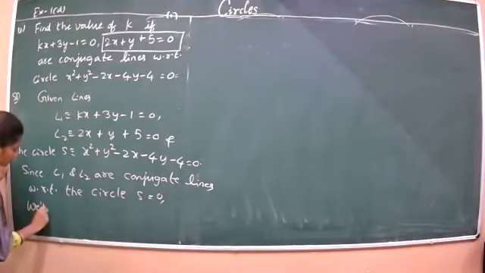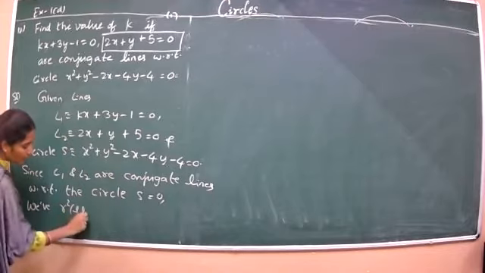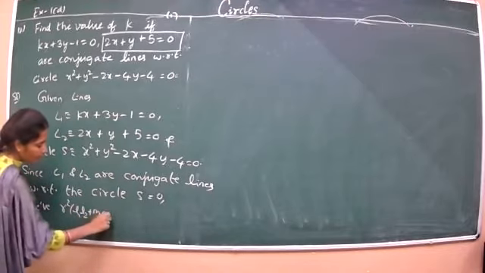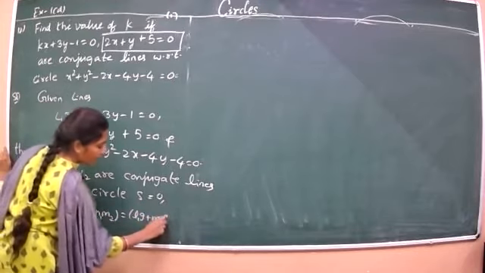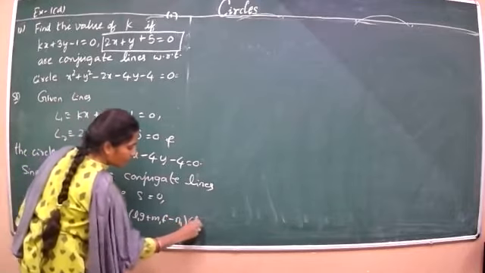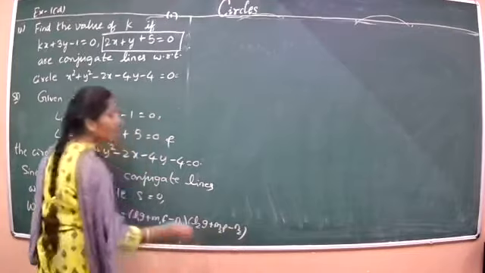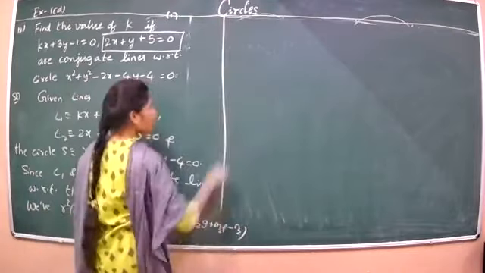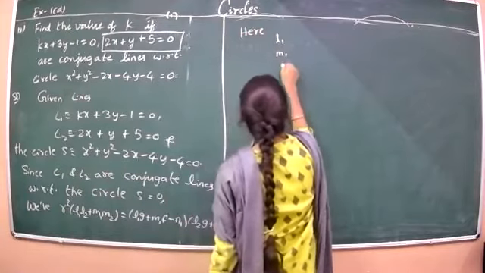What is the condition if they are conjugate, children? Just now we have seen r squared into (L1 L2 plus M1 M2) is equal to (L1 G plus M1 F minus N1) into (L2 G plus M2 F minus N2). Here, what are L1, M1, N1?